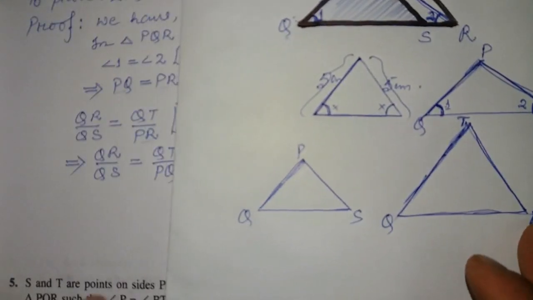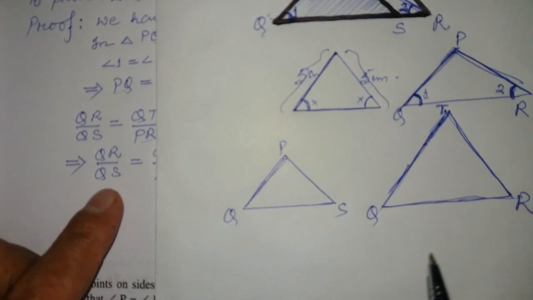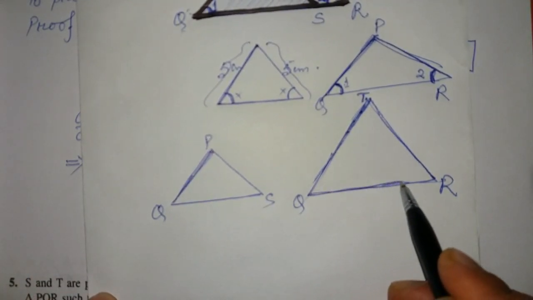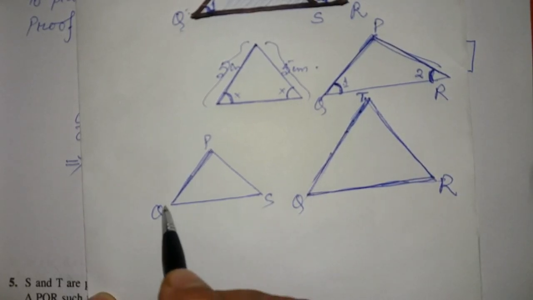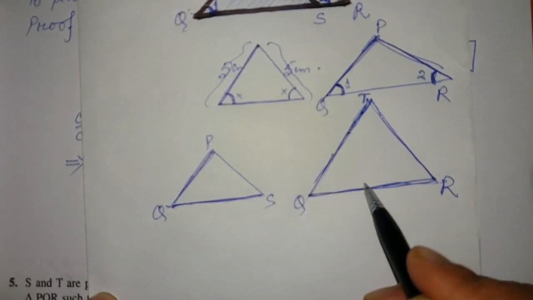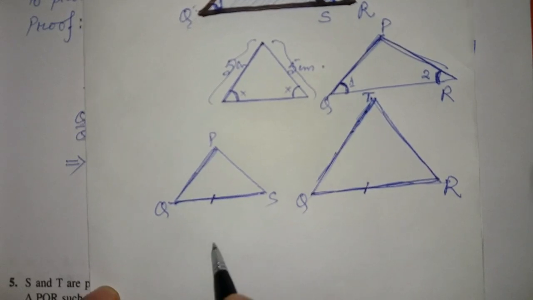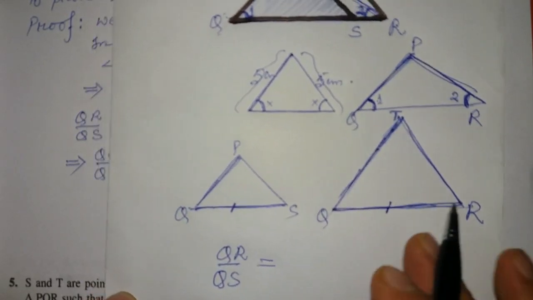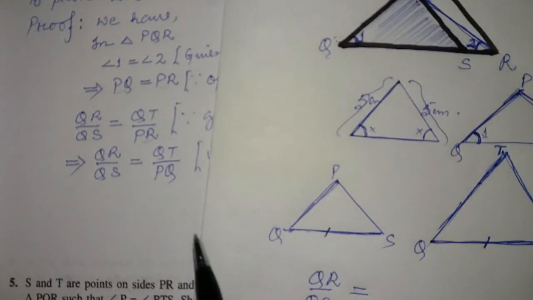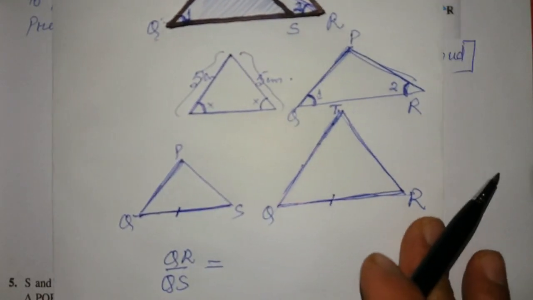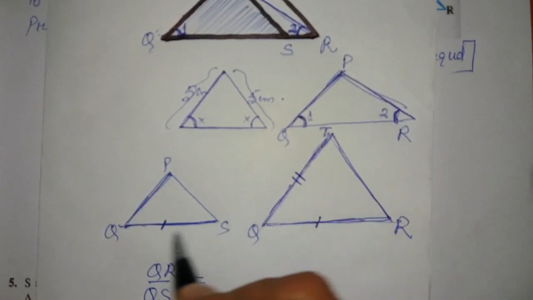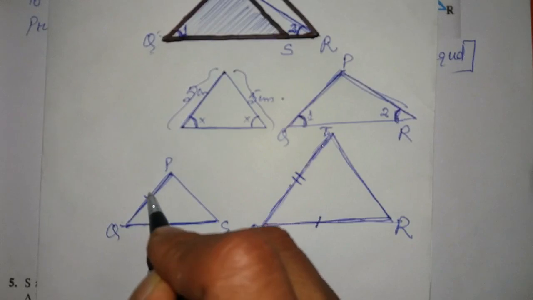Now what we got is QR by QS, see this side and this side. So QR by QS is equal to QT by PQ. QT is this side, by PQ, this side.